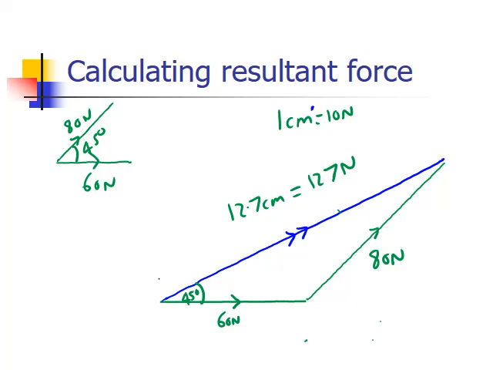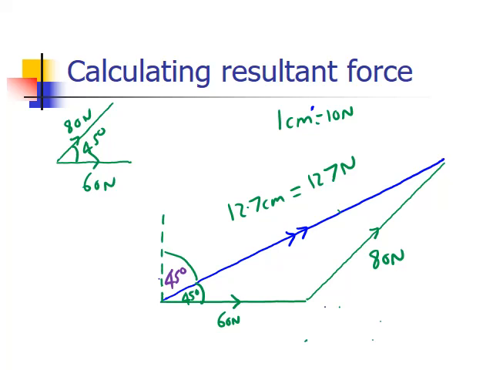What I then need to do is work out my angle. So I need to use a protractor to measure this part here. Well, in fact, I don't need to do that, do I? Because if that is 45 degrees, although it doesn't actually look like it, then this one here must be 45 degrees.